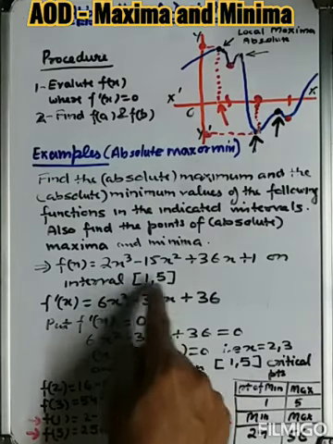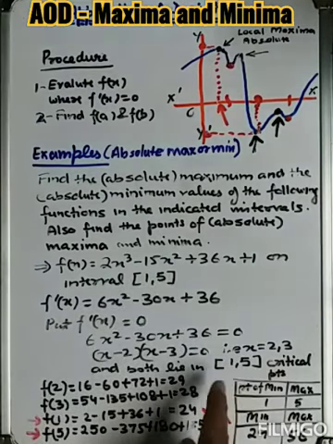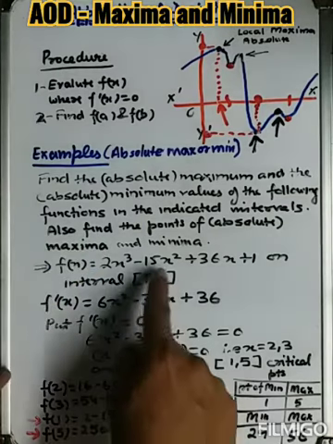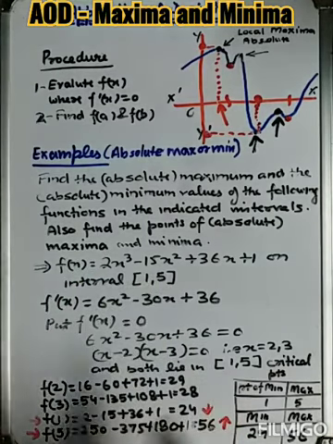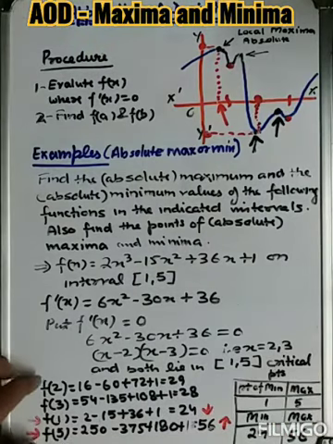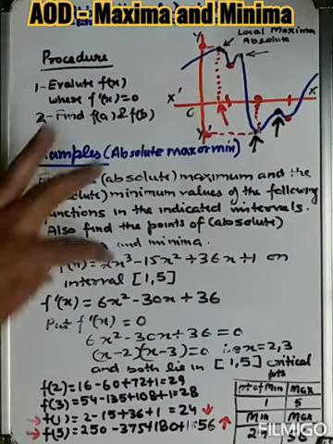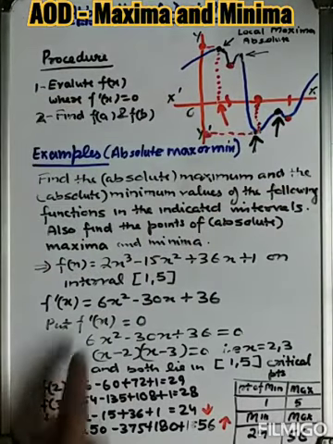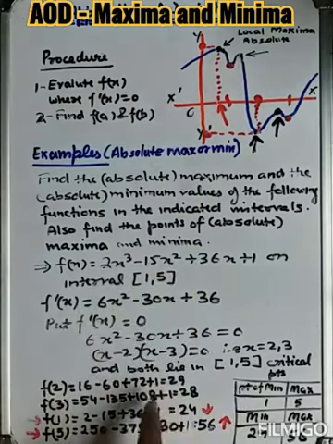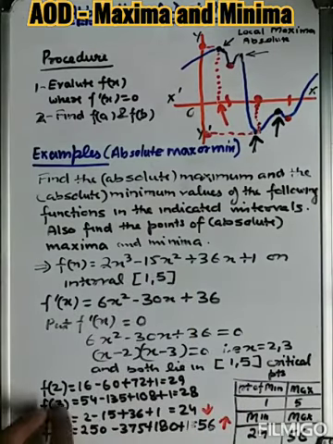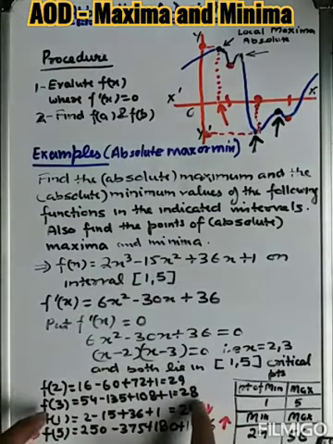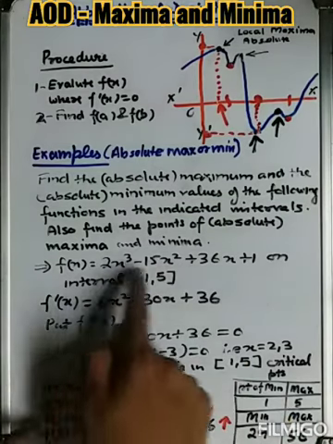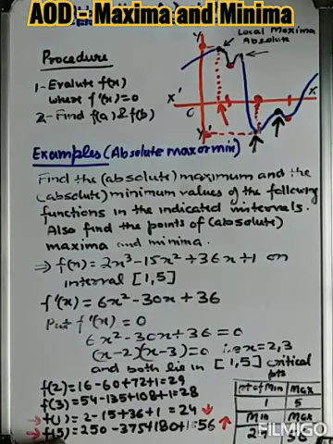You have to check at these four values: 1, 5, 2 and 3, by putting these values in the original equation. Put x equals 2 in this equation, we get 29. x equals 3, we get 28. x equals 1, we get 24. x equals 5, we get 56.